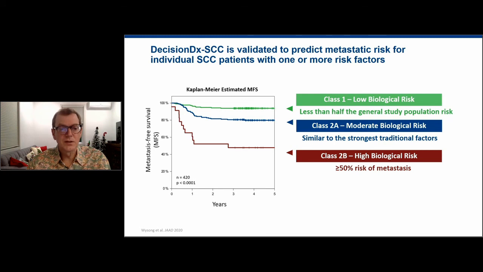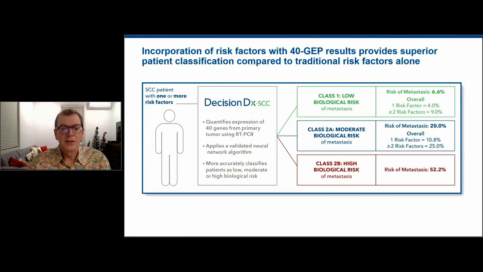And once you see this line, it's very steep. Here's 1 year, where already 50% of these patients have undergone a metastasis. Fortunately, this represents only about 5 to 10% of patients. About half of patients come back with a score of Class 1, and about 40% with a score of Class 2A.